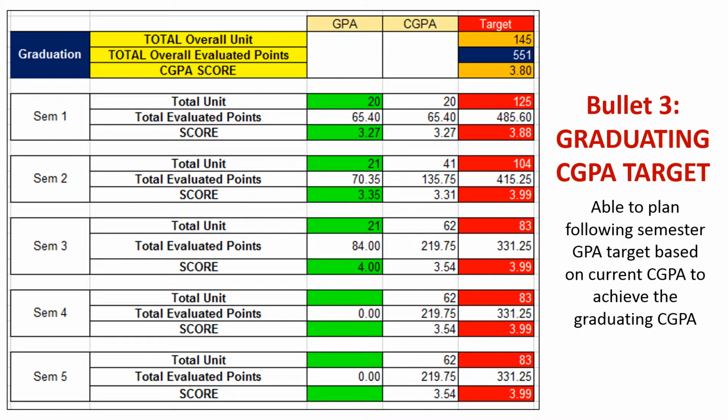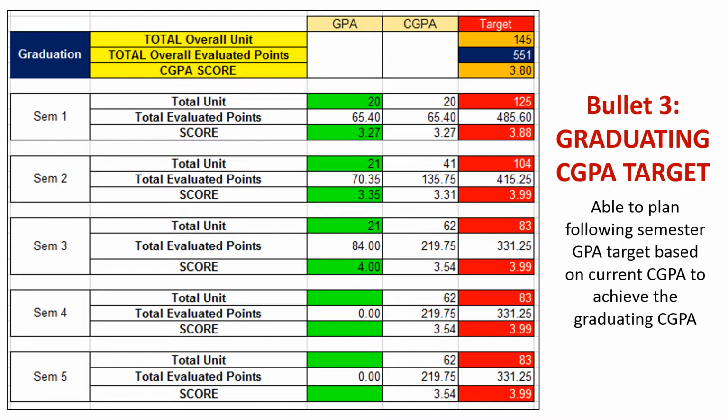If he's getting 3.99, then he still can grab 3.8. That's the idea of having bullet 3. Bullet 3 gives the students a clear target of what to achieve based on his graduating CGPA.